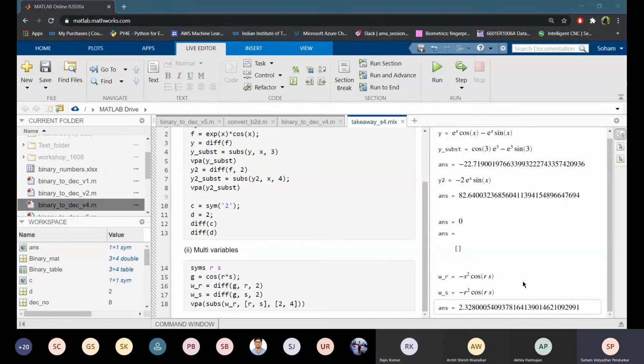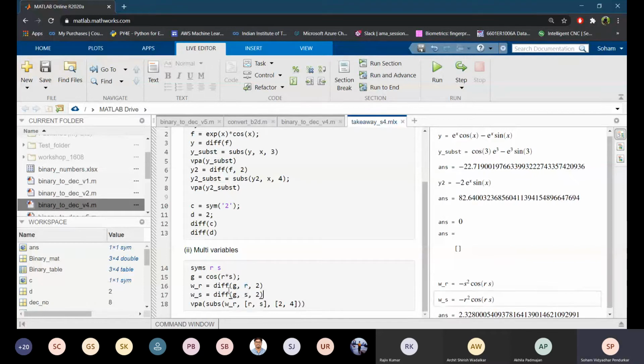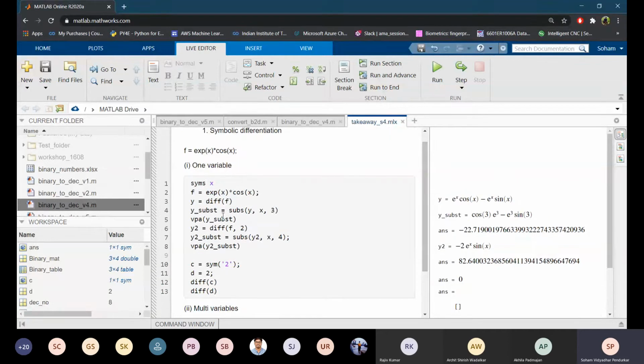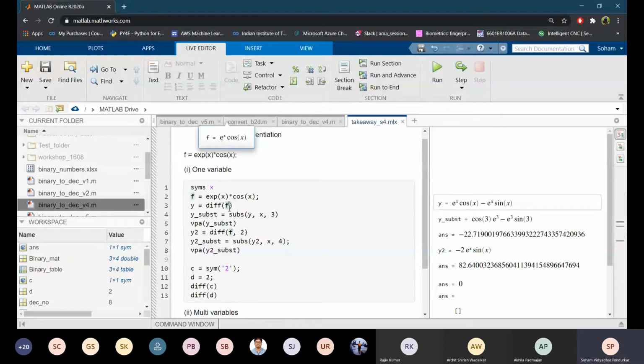This function is the same for a single variable and even in partial differentiation. How does MATLAB differentiate? By using this second variable, r and s. So when I type diff f, depending on the nature of the function, it automatically gets to know whether the function is to be differentiated partially or not.